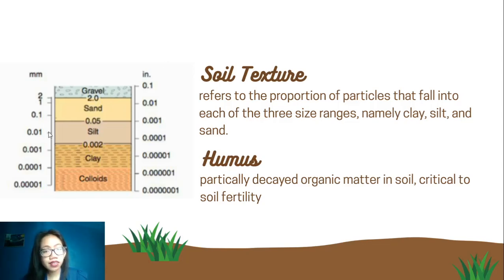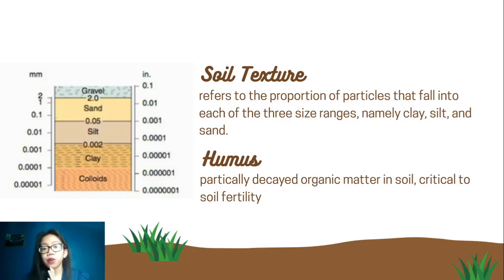If you look at the diagram on the left, for example, sand has 0.1 millimeters in diameter. So that would create a sandy soil. If it has a majority of silt, which is 0.01 in diameter, then it's a silty soil. And if it's mostly clay, then it's considered clay rich.